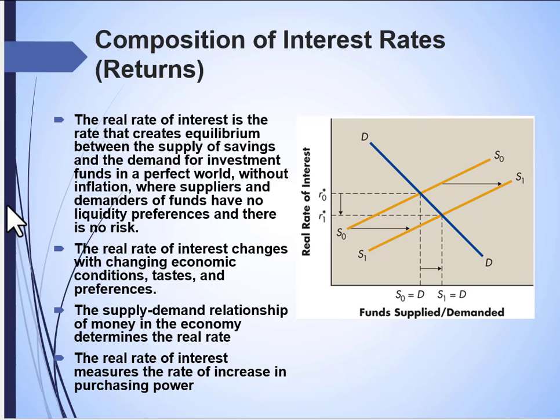And as economic conditions change, the tastes and preferences of borrowers and lenders, as those things change, interest rates change. In this case, it's the real rate. So the real rate of return is essentially the intersection of the supply and demand of money in our market.